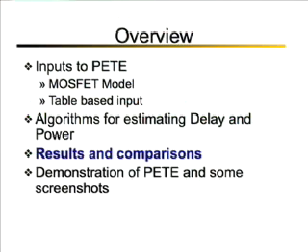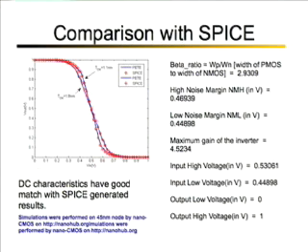Now let's look at some of the results and comparisons with SPICE. On this plot here, I have shown the VTC of two devices that we have. The solid lines show the results obtained from PETE or this model, and the dotted lines show the results obtained by SPICE.